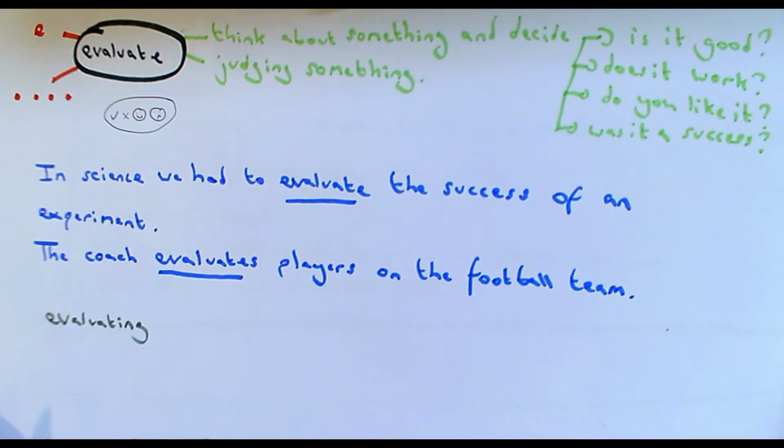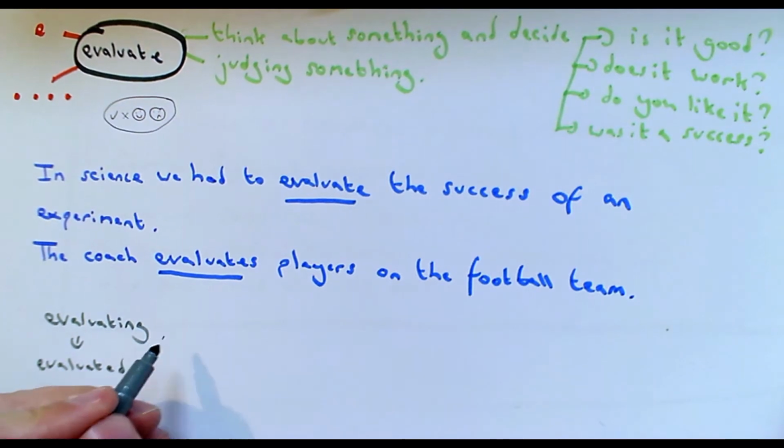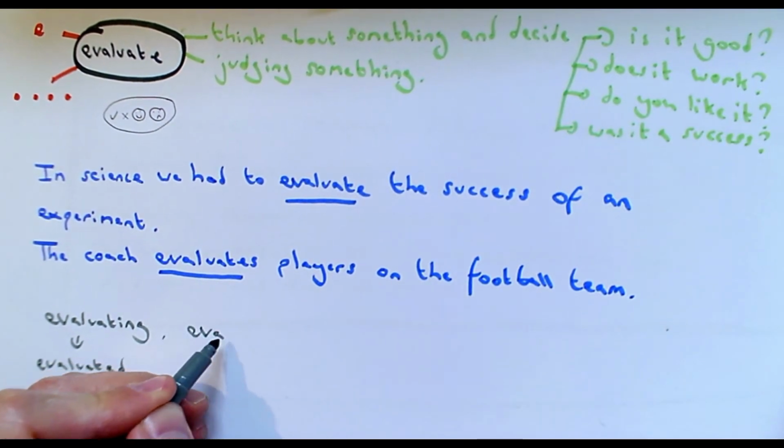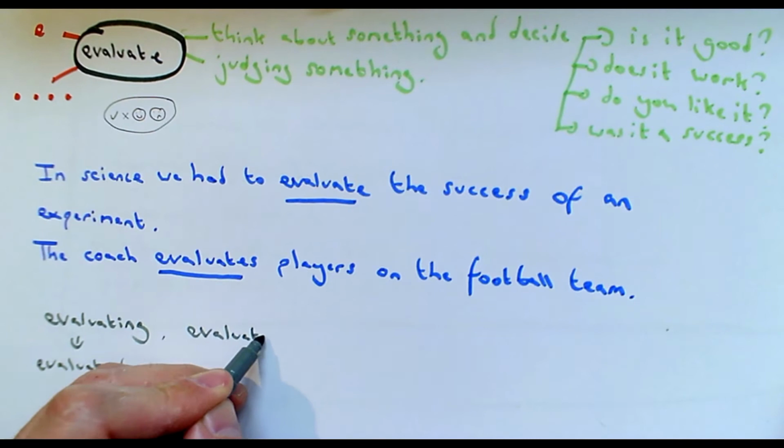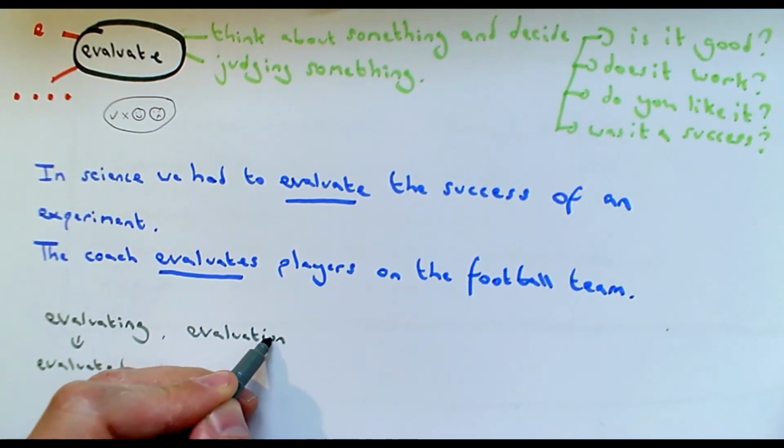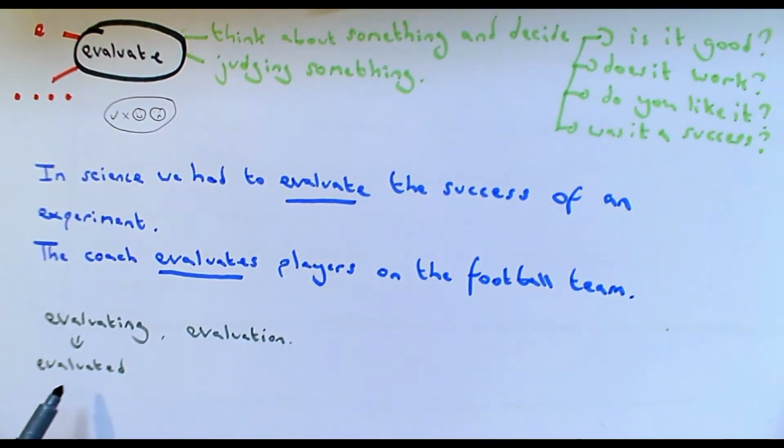And when you've finished, you have evaluated something. So evaluating, evaluated. And this is a very important word here, an evaluation. So when something has been evaluated, that's what you're left with, an evaluation of something.